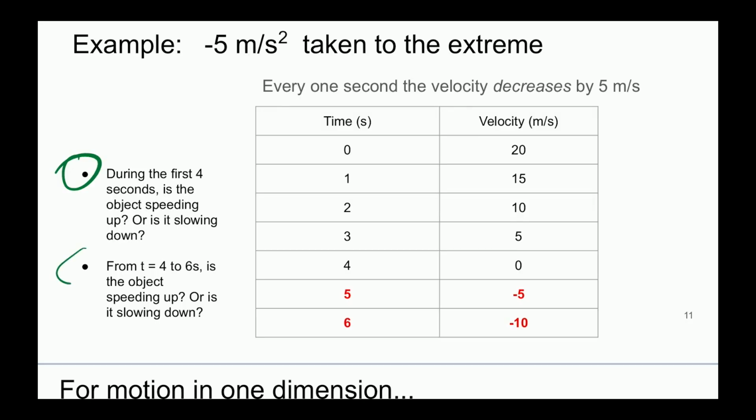But from 4 to 6 seconds, the object is speeding up because the magnitude of the velocity is getting bigger, right? The magnitude of 10 is greater than the magnitude of 5, to pick 2 numbers there. So it's speeding up. That may not be intuitively obvious. I'm going to remind you that speed is just the magnitude part of velocity. Always good to remember.